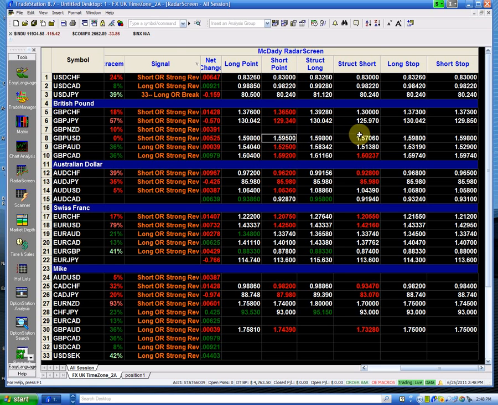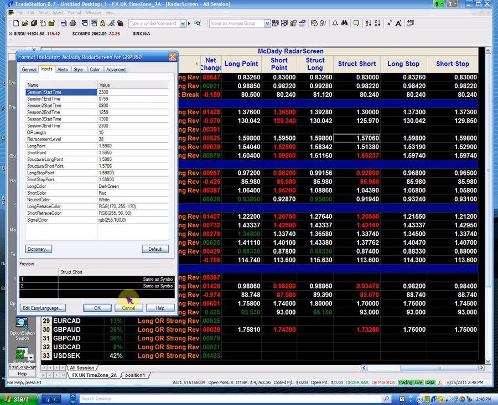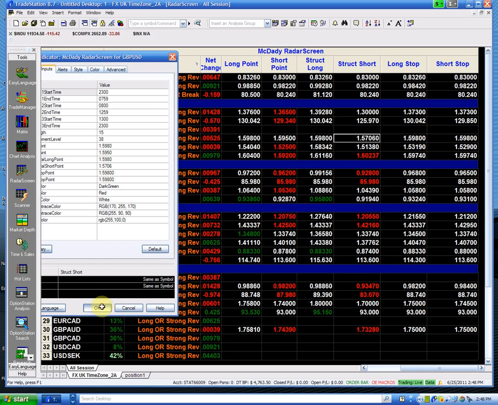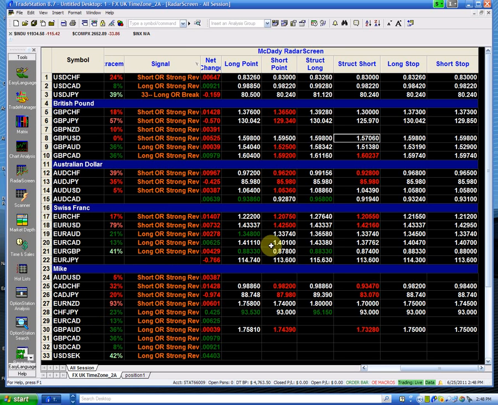My structure short down is the 157.06, and if I go short below 159.50, I'm going to put my stop above the 159.80, which is my structure long point, and it is my stop. Okay, that is the pound dollar.